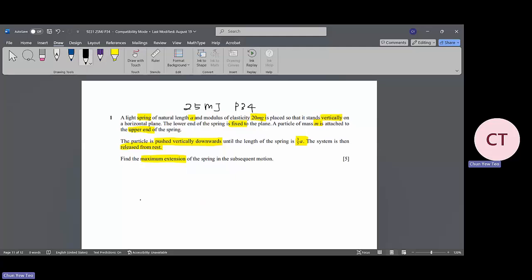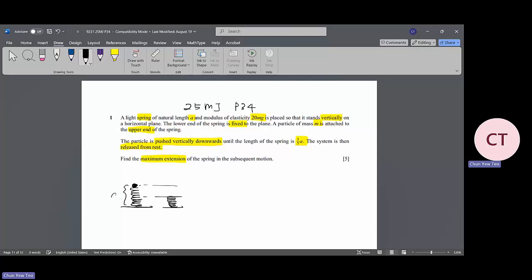So what you can do over here is draw a diagram. There's a spring over here, with a particle attached on it, and this particle has been pressed. From here, you press until here.